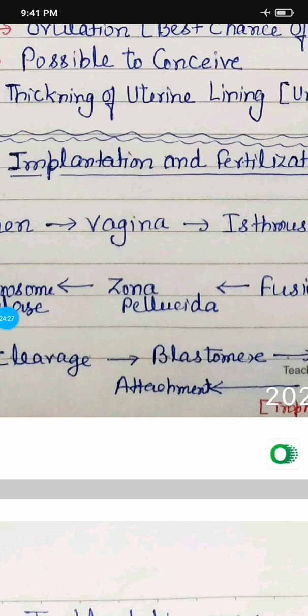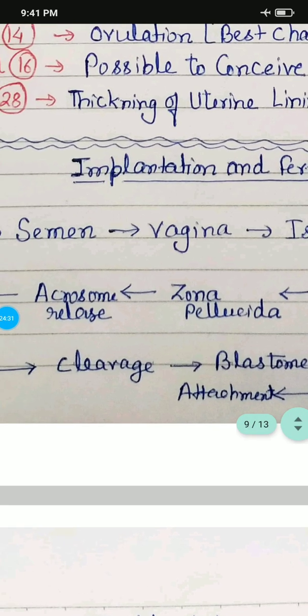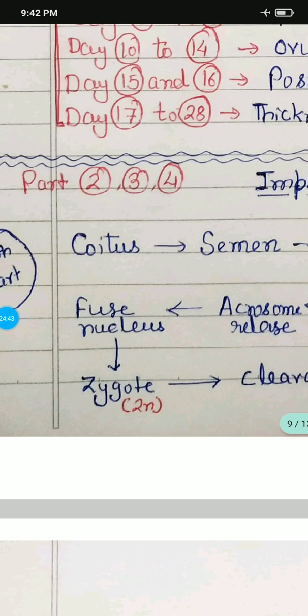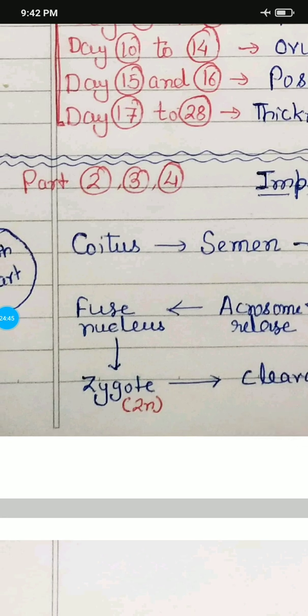First of all, the sperm releases the acrosome. The acrosome breaks down the outer layer, which, as you already know, is called the zona pellucida. The nucleus of the sperm fuses with the nucleus of the ovum and forms a zygote, which is diploid.